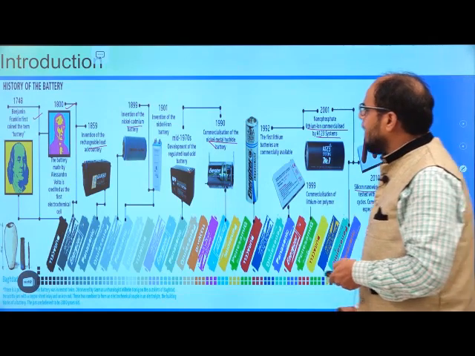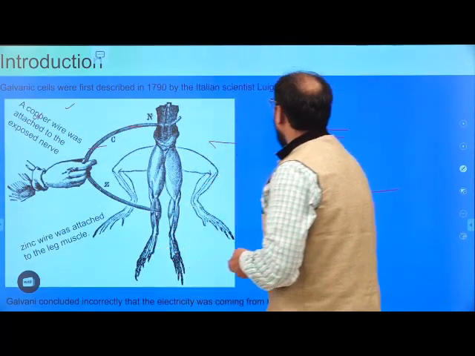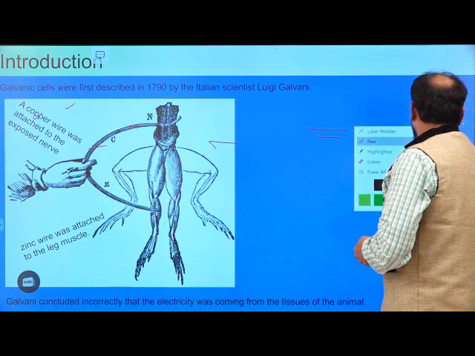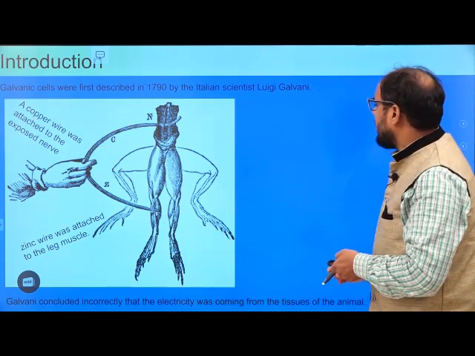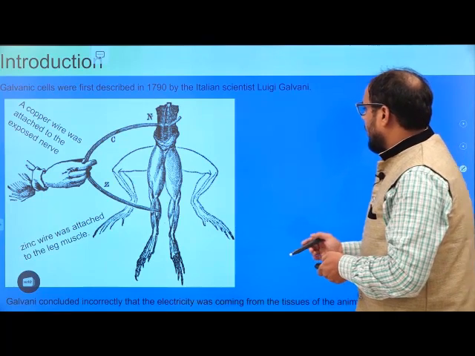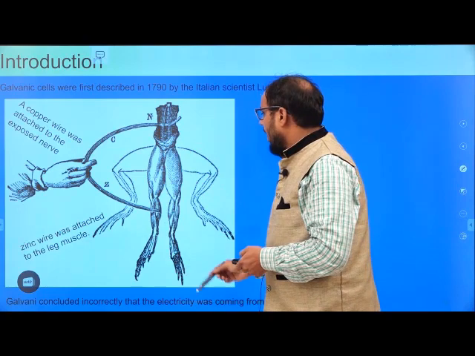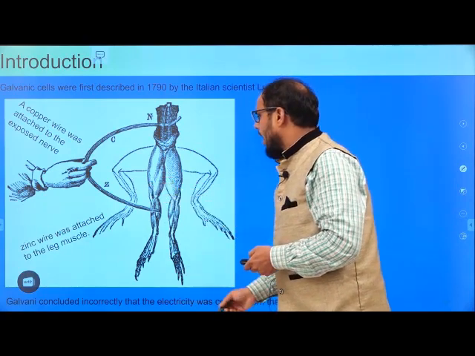Before 1800, we have a small incident by an Italian chemist, Luigi Galvani. Galvani was the first person who tried to carry out an experiment on a dissected frog. He took a dissected frog and connected the upper nerve with a copper wire, and he took the lower limb and connected it with a zinc wire.